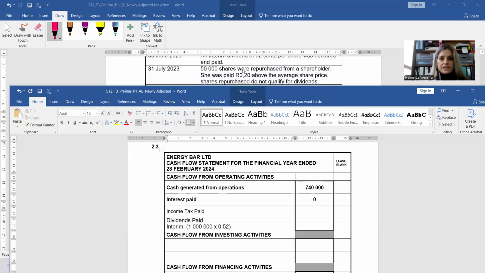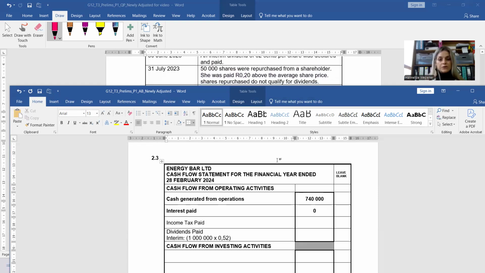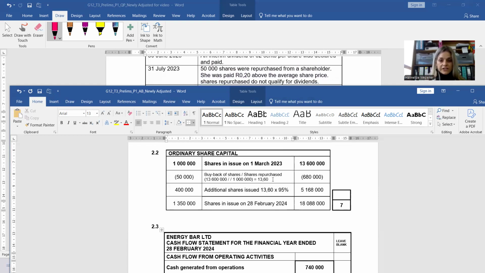Then 50,000 shares were repurchased from a shareholder. Important, we said that we remove the average share price from the ordinary share capital account, and whatever we paid above the average share price is taken from retained earnings. But the full amount paid must now go to your cash flow statement, because in your cash flow statement, you are looking at payments and receipts.